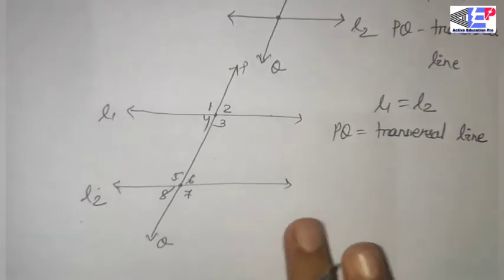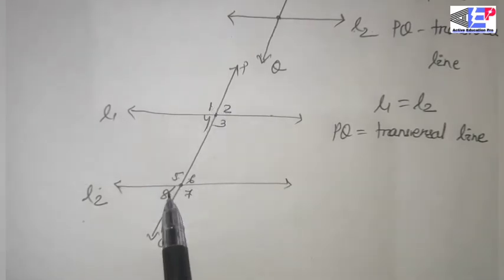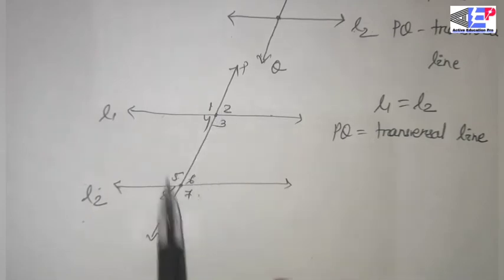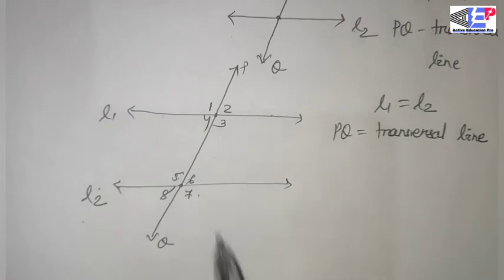So first know the angle names. Here 1, 2, 8 and 7 are the exterior angles of these parallel lines and transversal.